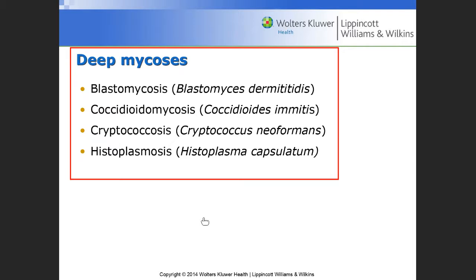Okay, these are different kinds of fungi. The reason I put it in brackets is because I want you to appreciate a couple of things about these fungal infections and be able to differentiate them.